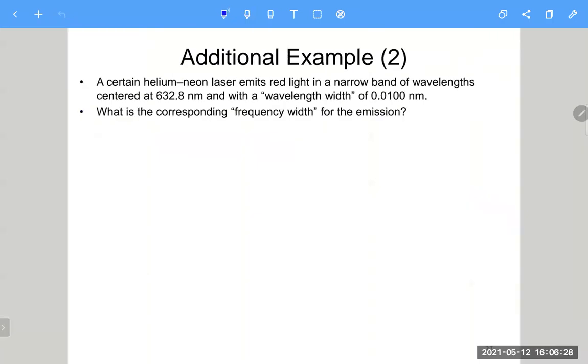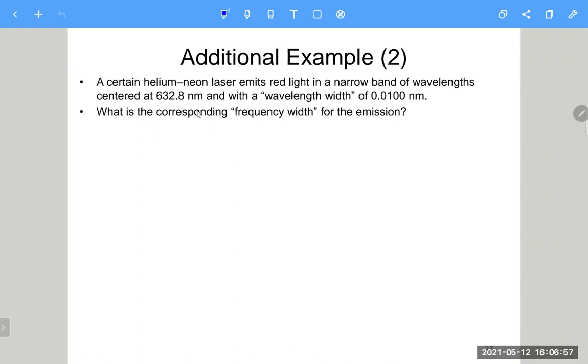So here is another additional example. A certain helium neon laser emits red light in a narrow band of wavelength centered at 632.8 nanometer.